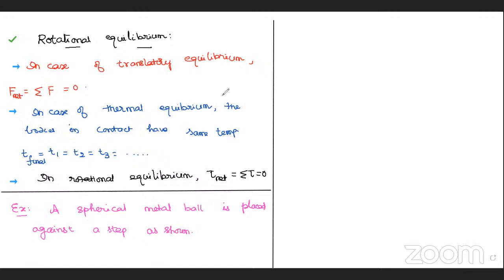Where, sir? You can see it here. Suppose this is a roller, a sphere, and it is placed against a step like this. These are continuous steps, and I am drawing one step here. This is a step.